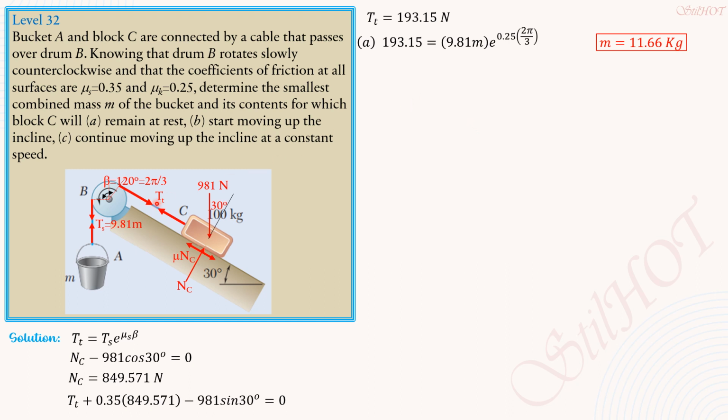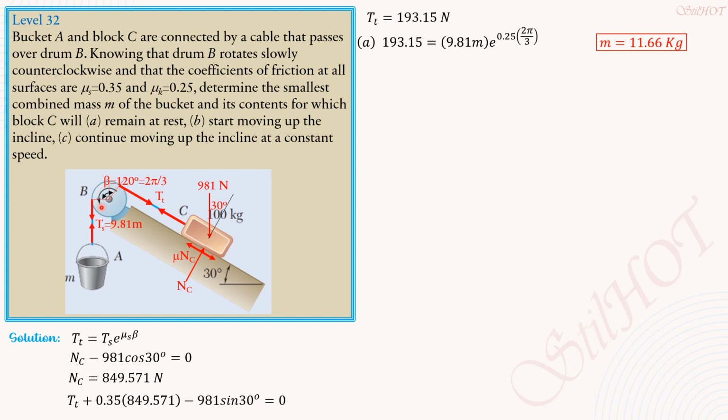In part B, the smallest combined mass m of the bucket and its contents to start moving up the incline. So there is impending motion up here, but this remains at rest, but friction is now going down.